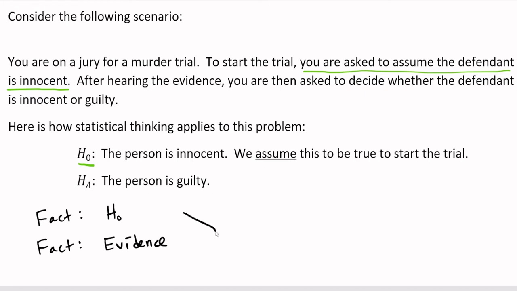And then you're going to take these two things and say, okay, is this plausible or not? Is it plausible that the person could be innocent and have this evidence also be true? Or is the evidence so strong that you think no way could this person be innocent and all of this evidence be true?